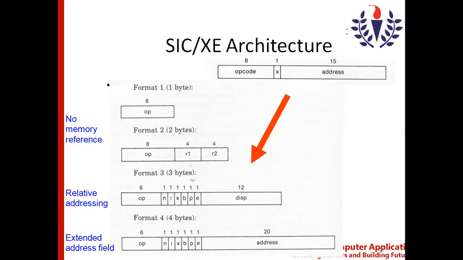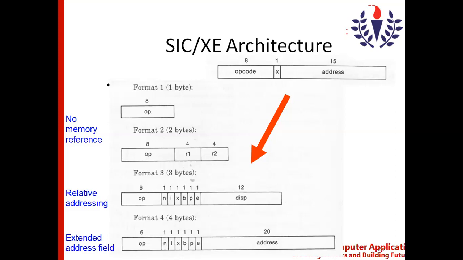Coming to format 2, which has 2 bytes: the opcode takes 8 bits and we have 2 registers. The first register is R1, the second register is R2. Each has 4 bits. So in total we have 16 bits, nothing but 2 bytes.